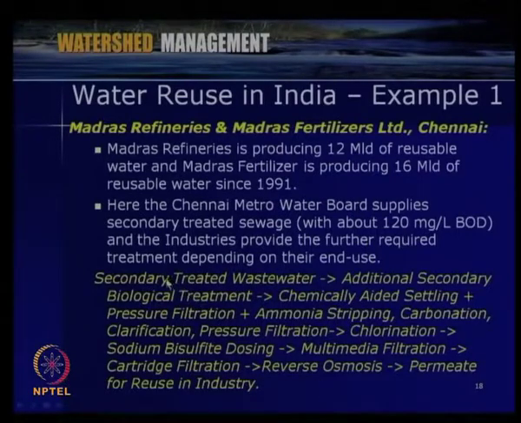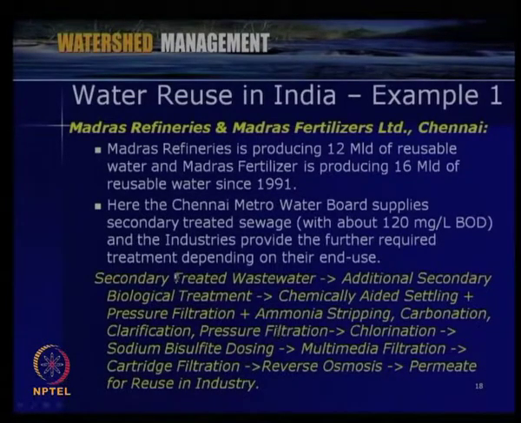Like, they get the secondary treated wastewater, then they go for additional secondary biological treatment, then chemically aided settling plus pressurized filtration plus ammonia stripping, then carbonation, clarification, pressure filtration, chlorination, sodium bisulfite dosing, then multimedia filtration, cartridge filtration, then reverse osmosis, and then the permeate water is used for reuse.